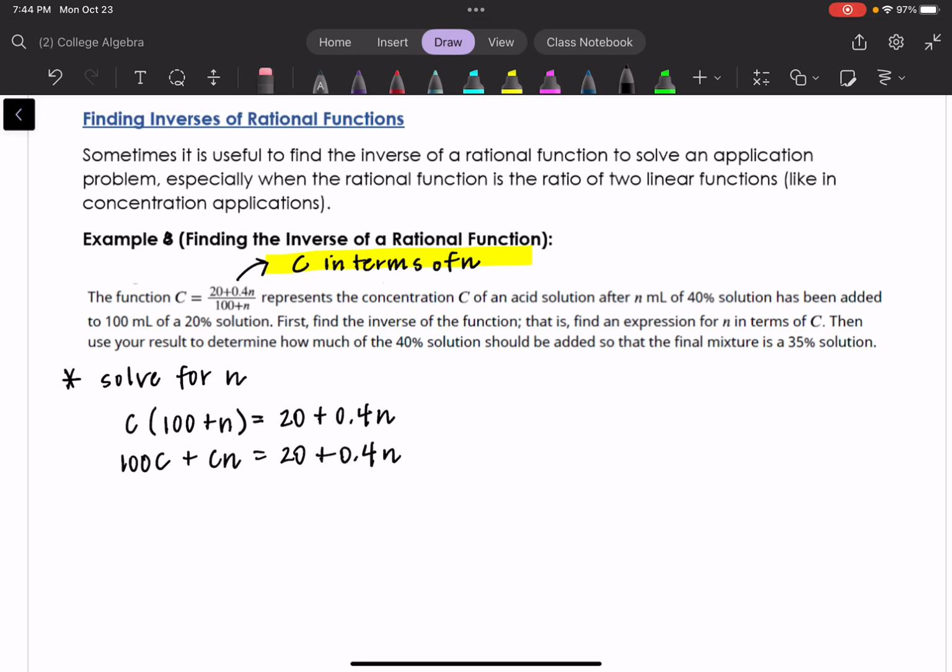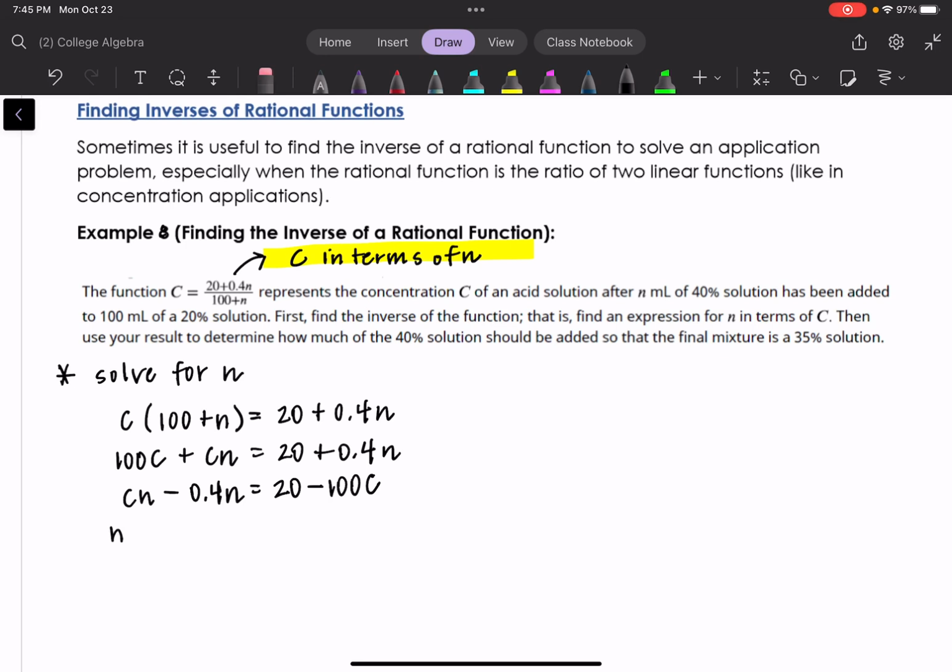And remember, we're trying to isolate n. So I want to get all the n's on one side. So this will be cn minus 0.4n and 20 minus 100c. And so then I can factor out an n. And finally, I'll divide by c minus 0.4.